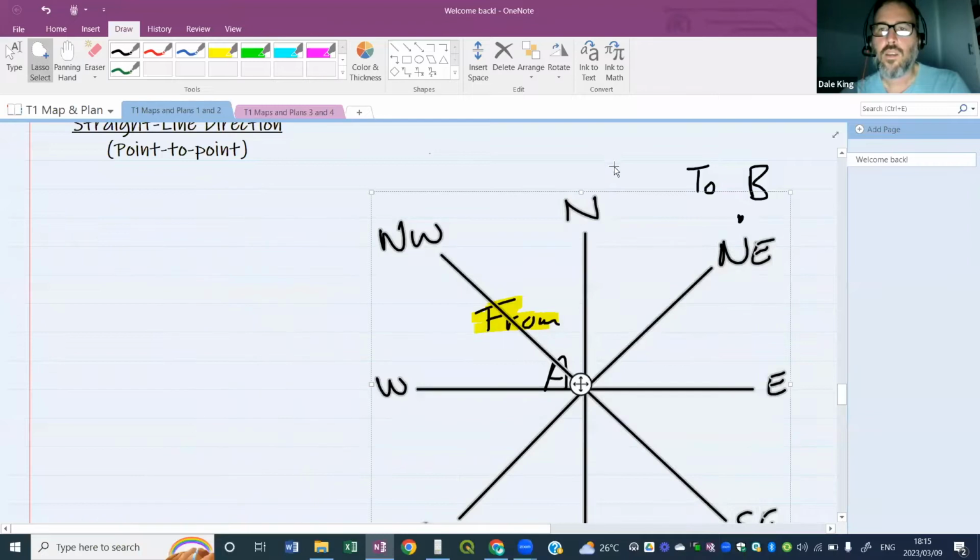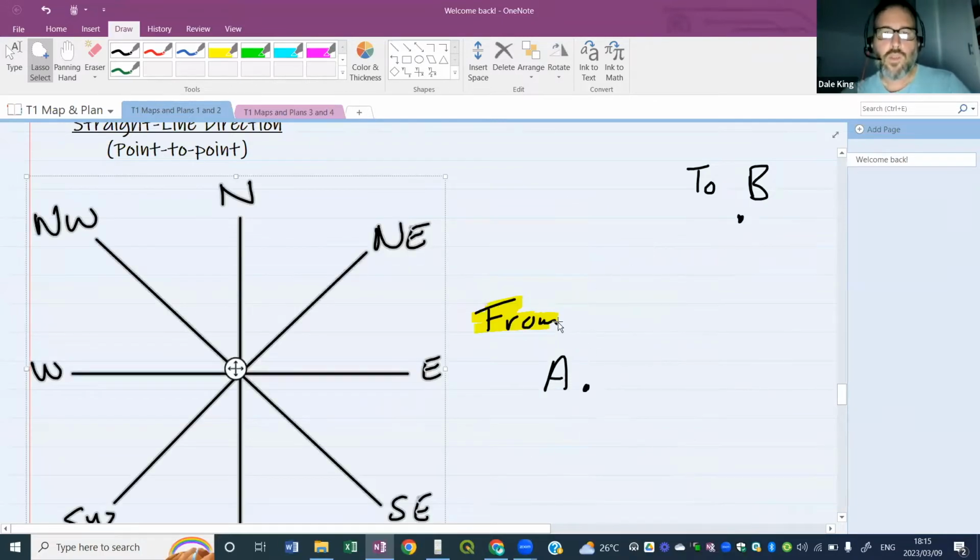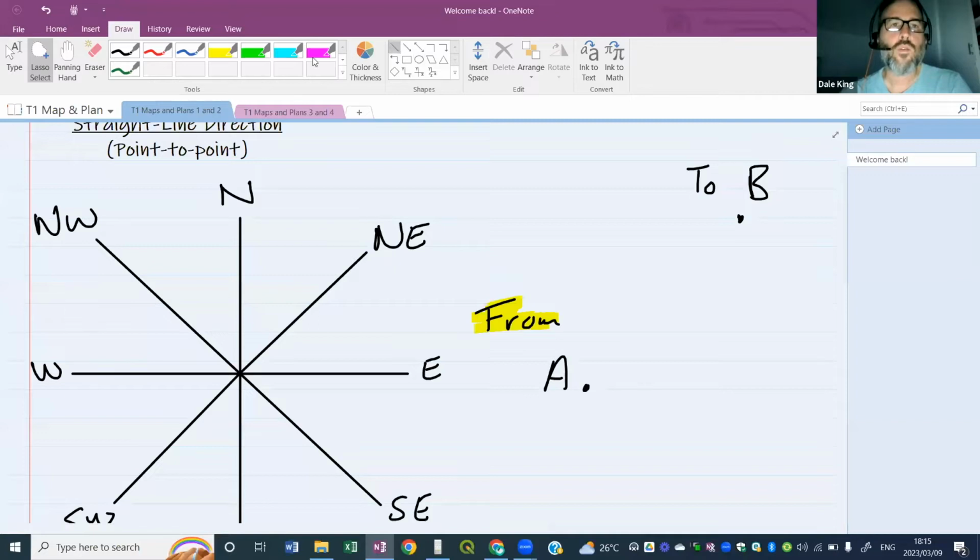The compass goes on the from point and we're going to the other one. Just remember that the word where it says from, that's where we're going from. So I'm going to draw a red line here and an arrow, and I'm going to point towards the B. So we're going from A to B. So the compass is from, so it's going to be very similar to this line here.